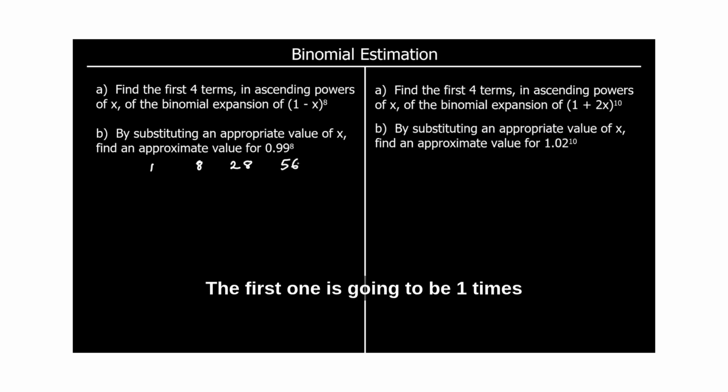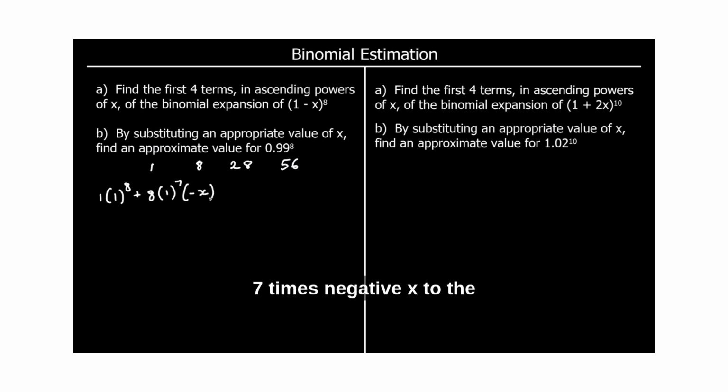The first one is going to be 1 times 1 to the power of 8. Then we've got 8 times 1 to the power of 7 times negative x to the power of 1, plus 28 times 1 to the power of 6 times negative x squared, and then 56 times 1 to the power of 5 times negative x cubed.